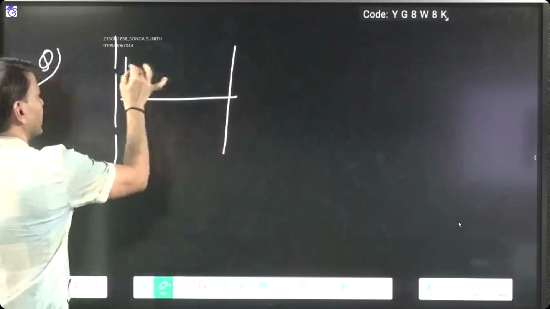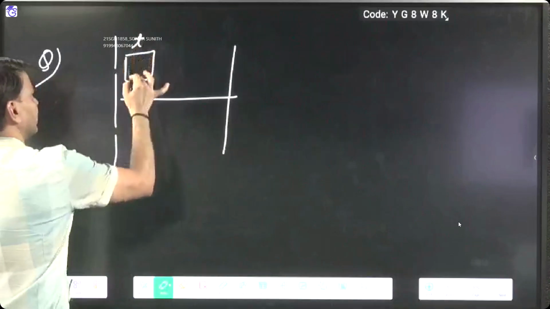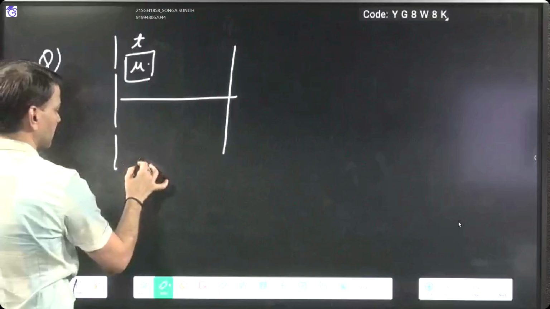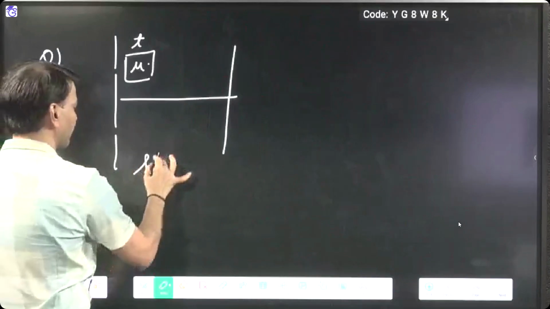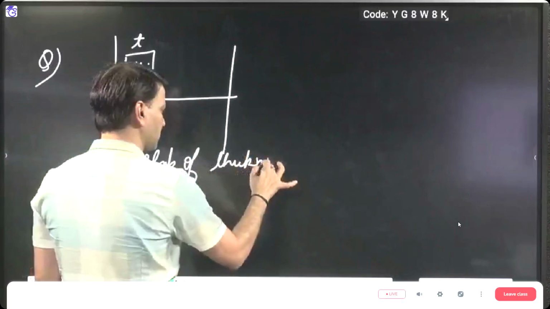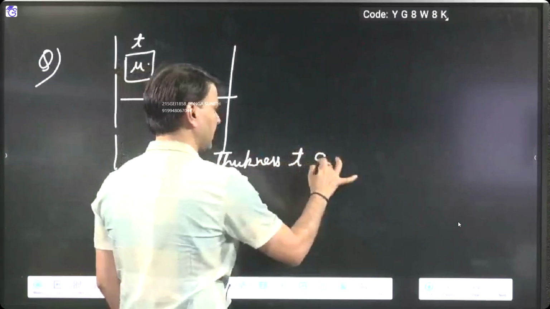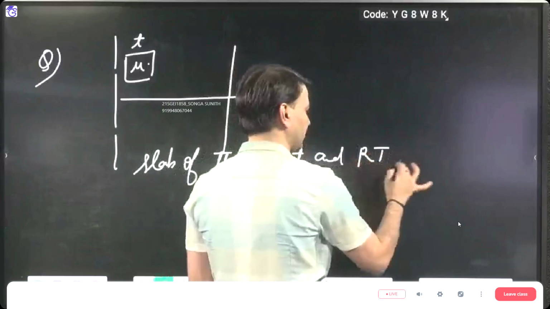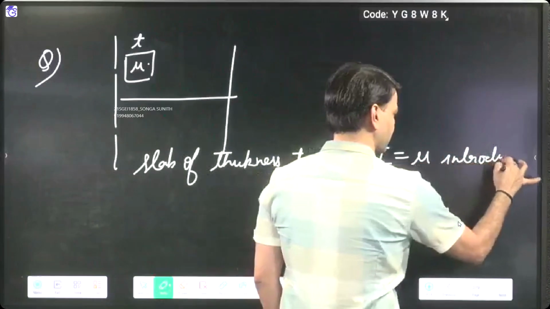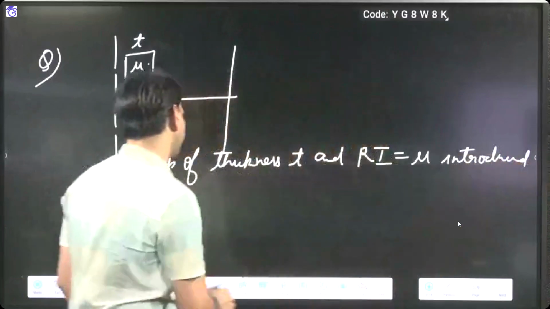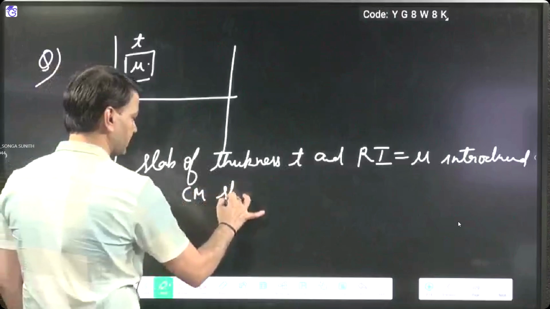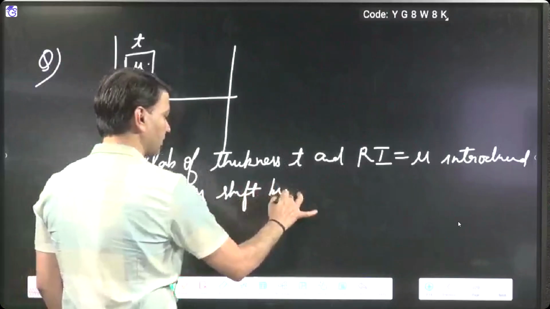If in front of one slit, a slab of thickness T and refractive index mu is introduced, then the central maxima shifts by 1 bright fringe.